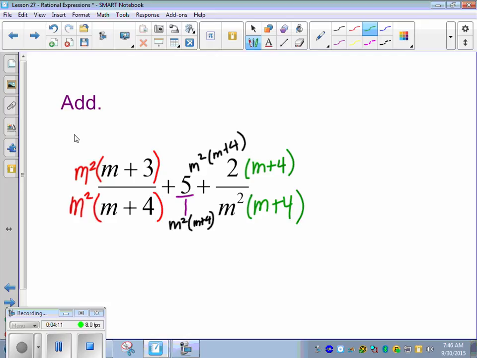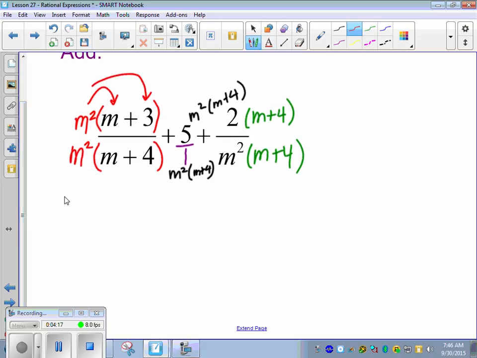So what do I get for this first part when I distribute here? m cubed, good, plus 3m squared. Awesome. And what do I get in the middle here? We're actually going to distribute a 5m squared to each of these. So what do you get?